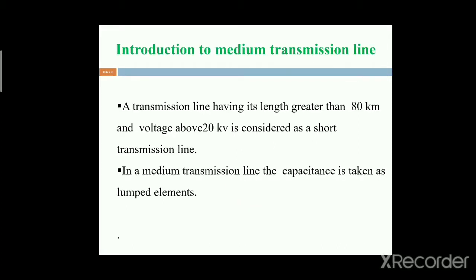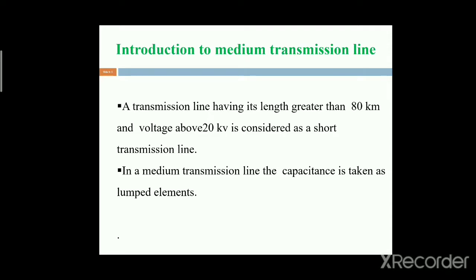First, the introduction to the medium transmission line. What is meant by the medium transmission line?